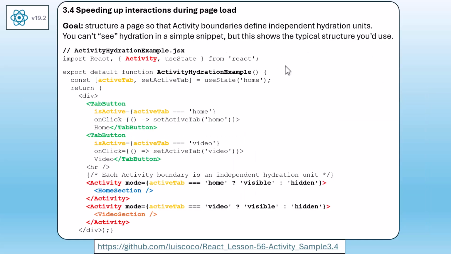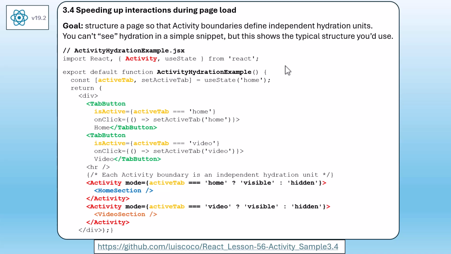3.4 Speeding up interactions during page load. React has an internal performance optimization known as selective hydration, which determines which parts of a server-rendered page become interactive first. Suspense naturally participates in this mechanism by dividing the UI into independent sections. Activity boundaries behave similarly.